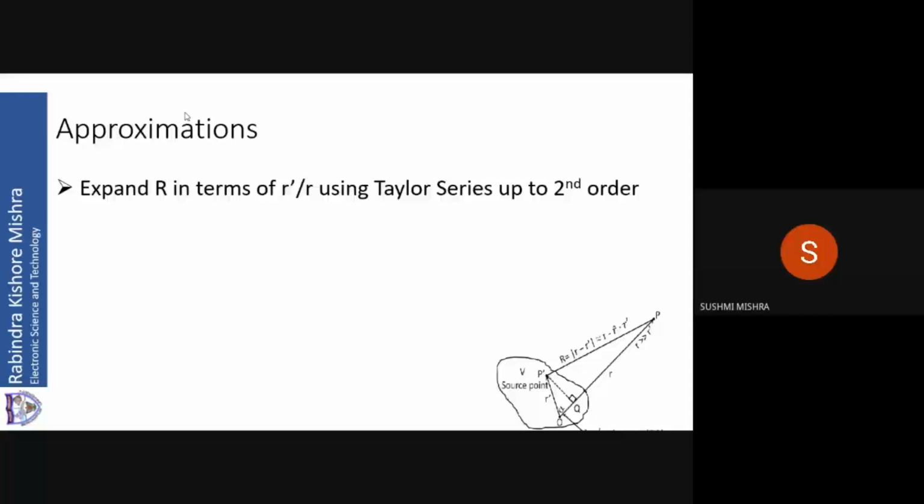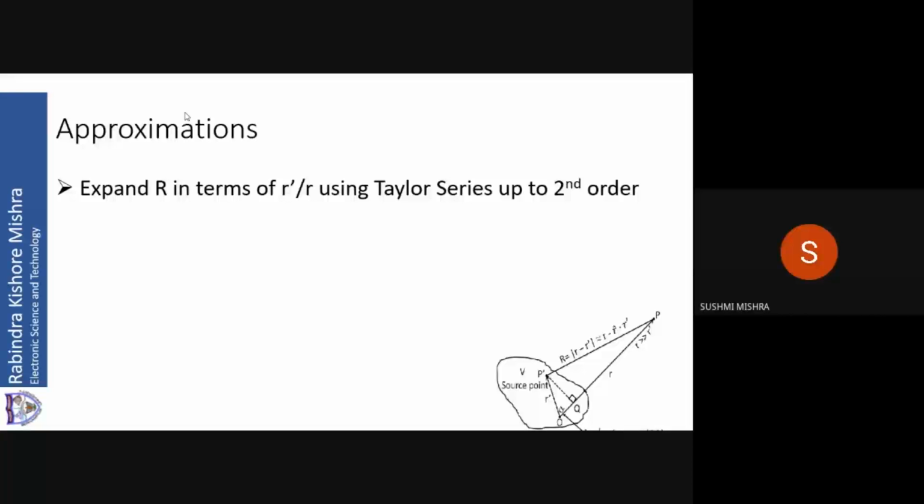Same picture, remember the same figure. So the figure is on the bottom corner of the right hand. Now what we will do is we will expand R, capital R, in terms of little r prime upon little r using Taylor series up to the second order.